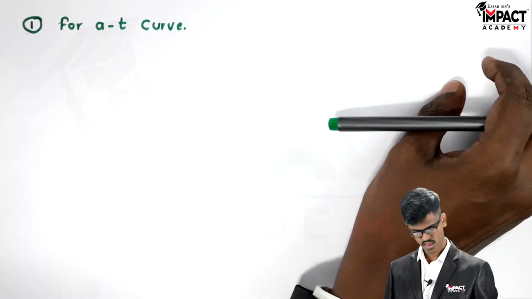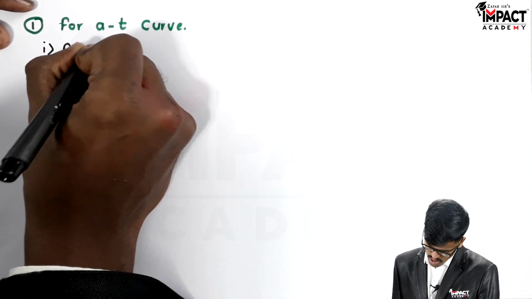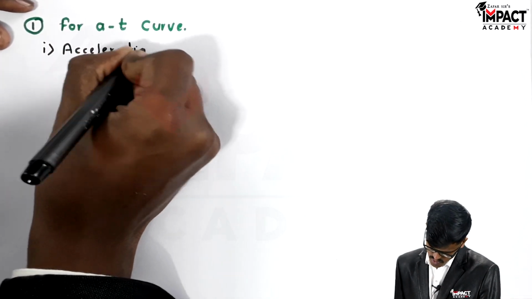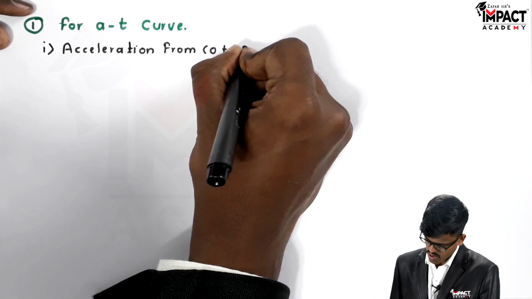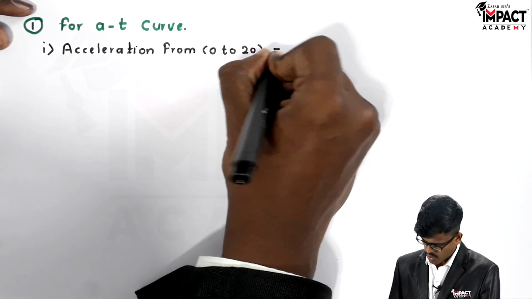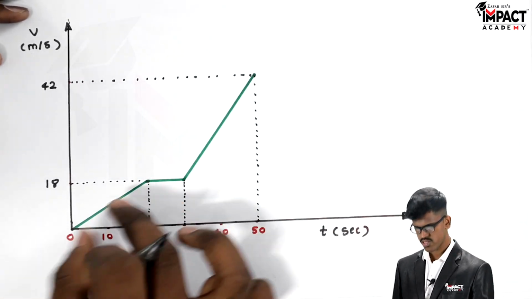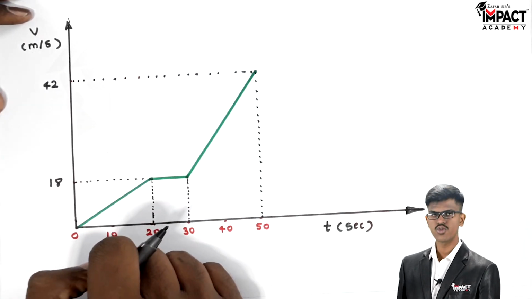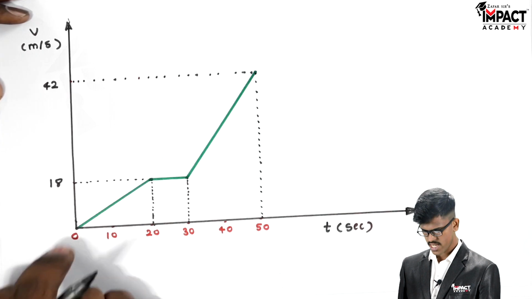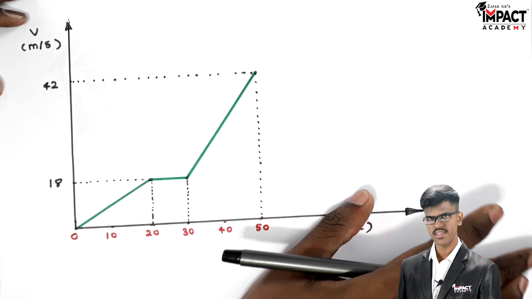So first, acceleration from 0 to 20. We just have to find the slope, so we use the two-point form. We require two coordinates. One coordinate is 0, 0 and another coordinate is 20, 18.